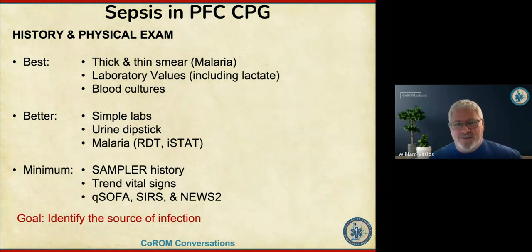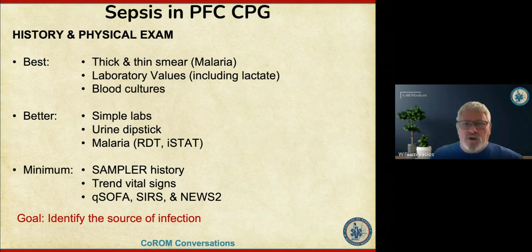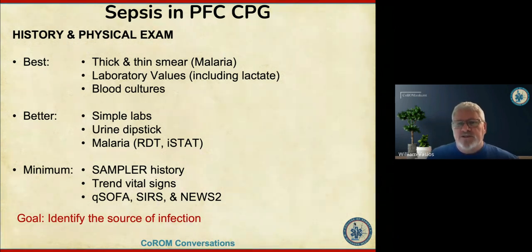But the diseases endemic to your area need to be on your radar for, one, how to identify them, and how to prevent them in the first place, because that is the best treatment and diagnostic method: to prevent the injury first. So you're making sure that your folks are taking their preventive medicines. But when they come in and say, oh no, I've taken everything, almost all of those patients have missed a dose or two of their antimalarials, but they don't admit it right away. They don't admit it till later on.